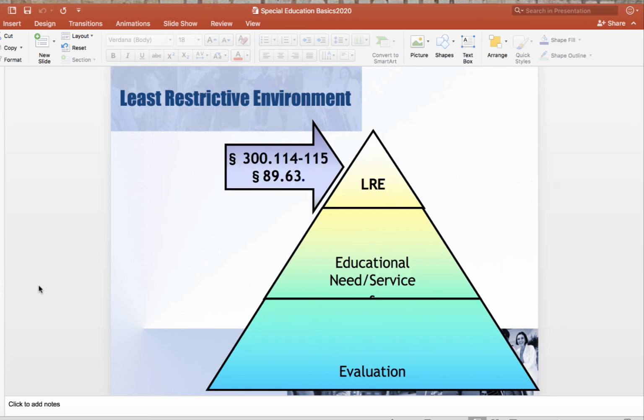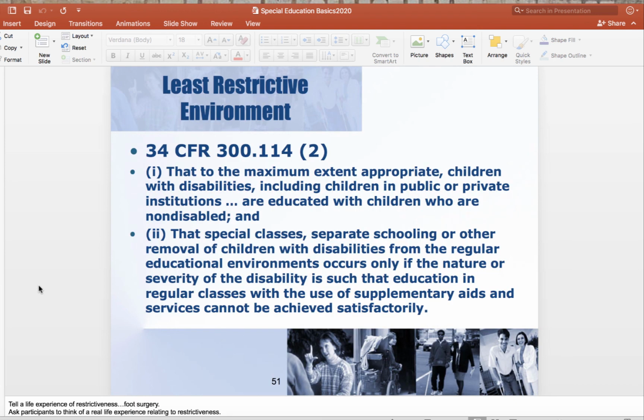And then we look at the least restrictive environment. So we go through the steps: evaluation, educational need, and where that child's best placement is going to be. This is the federal regs on least restrictive environment. I'll let you read through that.